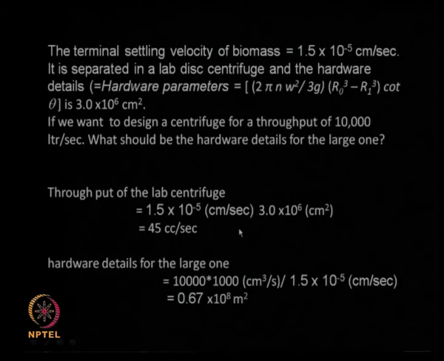So this is a very simple approach by which we can scale up centrifuges moving from the lab to full scale commercial plant. The main assumption here is that Q, the throughput, is equal to the terminal settling velocity multiplied by the hardware parameter. Terminal settling velocity does not change when you scale up from small scale to large scale, because it is a function of the particle properties and the fluid properties.